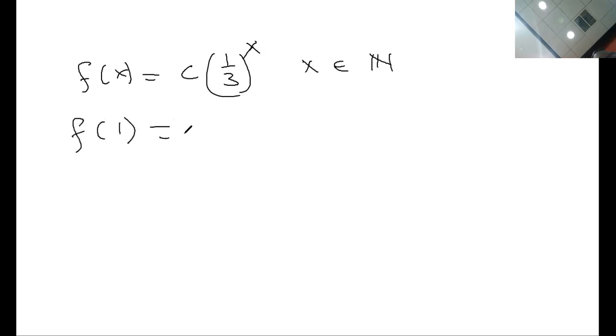We have f of x equal to C over 3^x, x belongs to N. We know what natural numbers are, capital N. So what is f of 1? C over 3. What is f of 2?